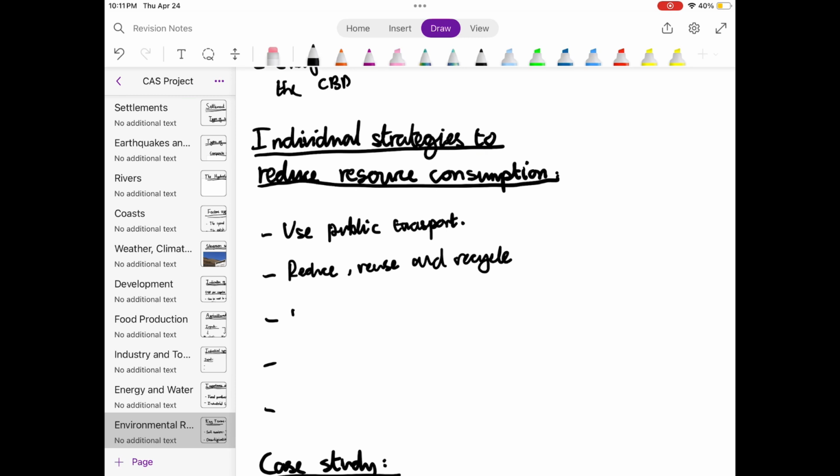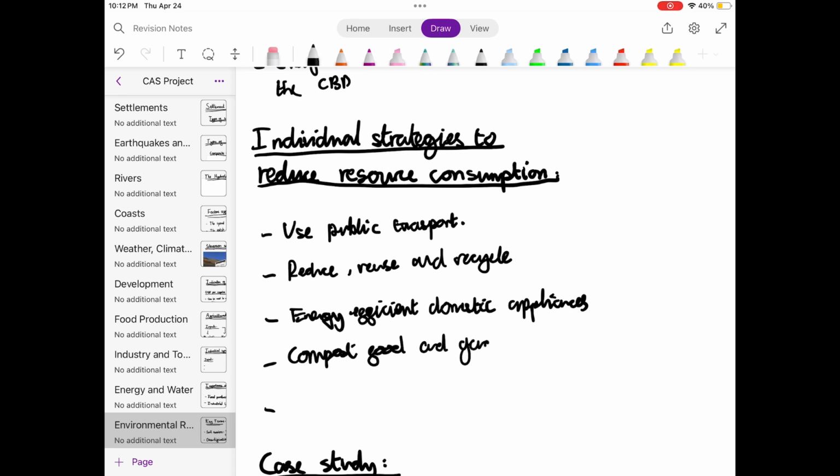The next is to use energy efficient domestic appliances. And next is to compost food and garden waste, and this is particularly useful in gardening and growing crops or plants, because the food that is not eaten can be used to increase the fertility of soil, and therefore the food does not go to waste.